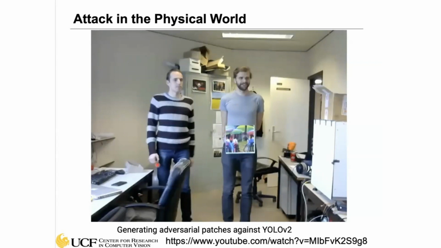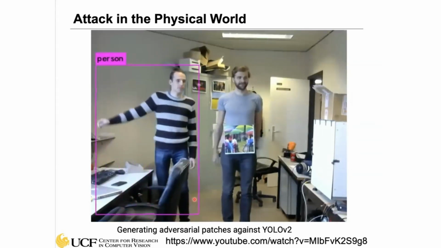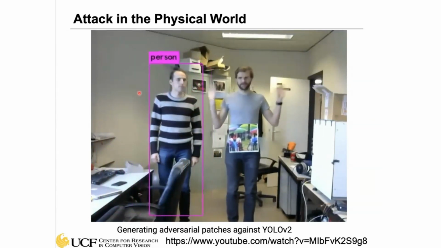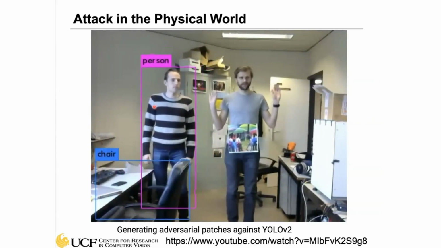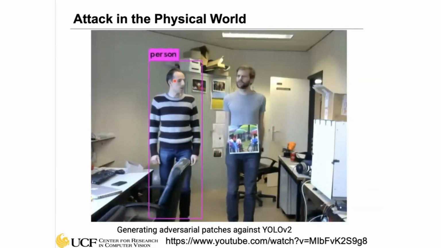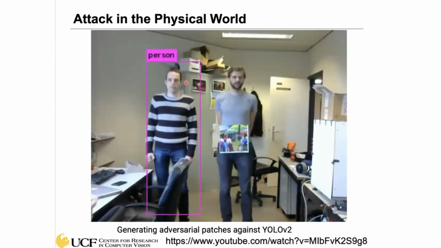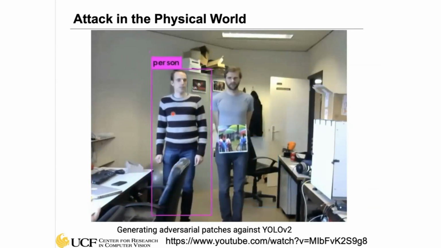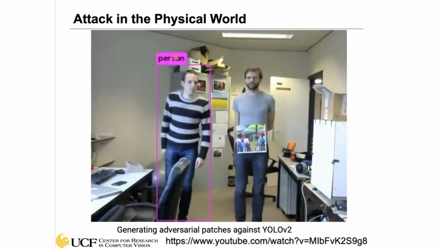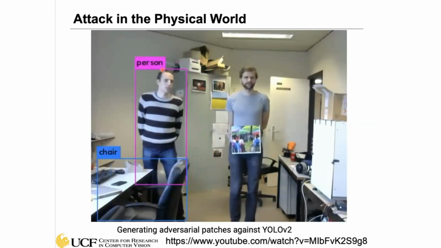So let's take a look. So as you can see, clearly, on the left side here, the YOLO object detector is able to very confidently predict this is a person, right? This bounding box is shown in almost every frame, right? There's no label switch, right? Very confident to predict this is a person.